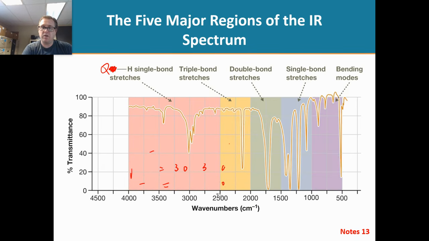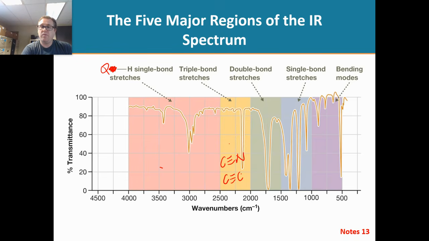Now, if we go to this yellow region, that's where you're going to find triple bonds. So we could see carbon triple bonds like that, so we can have the alkyne stretches there. And a unique one also would be nitriles.